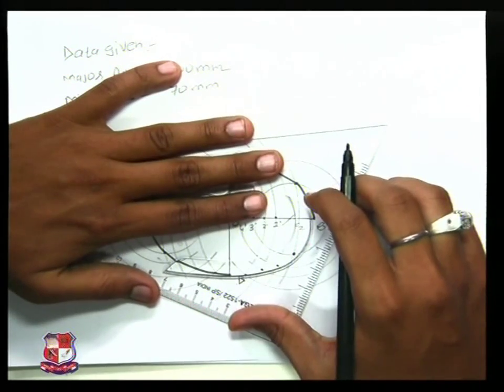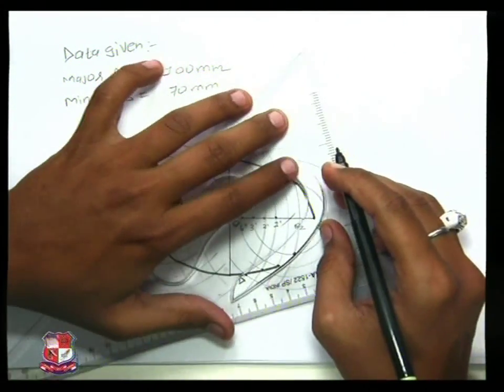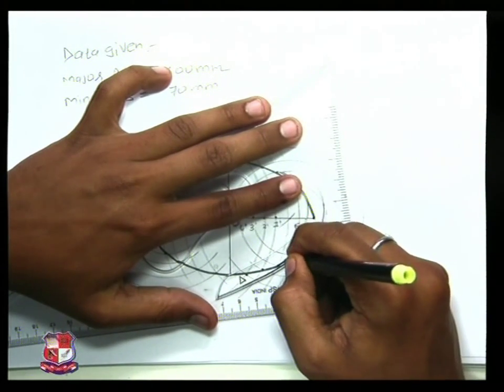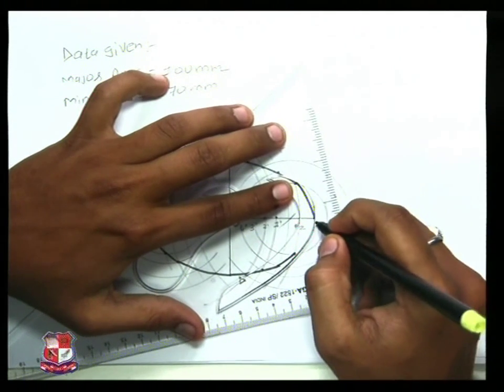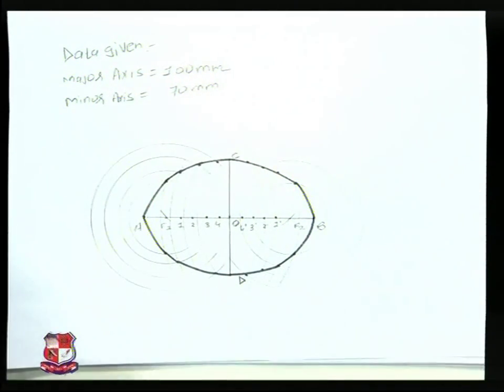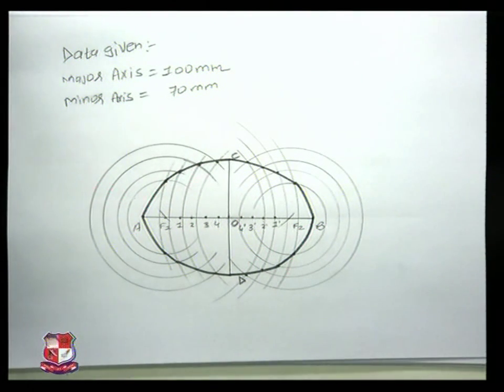Like this, you can draw an ellipse using the arc of circle method.